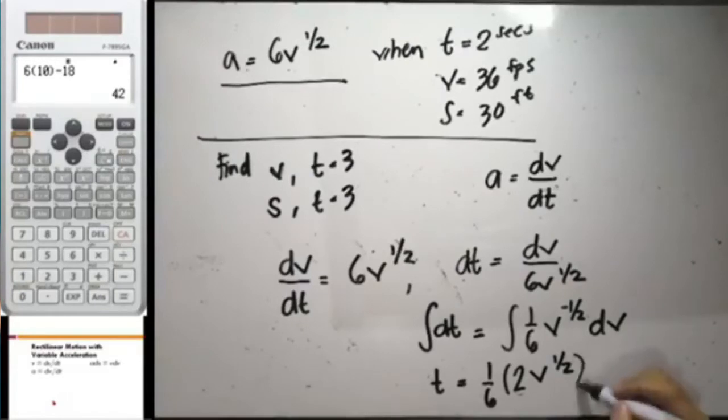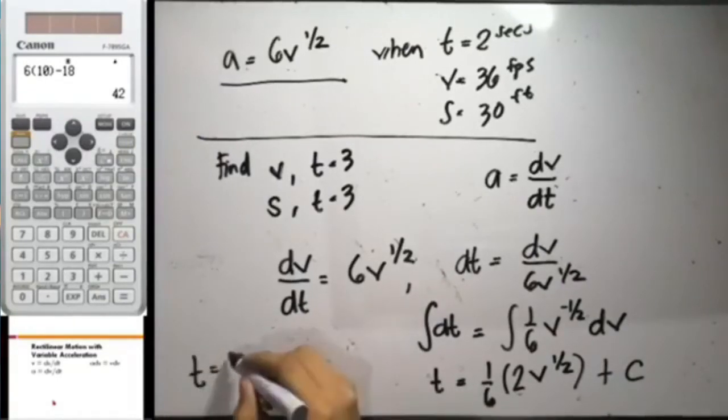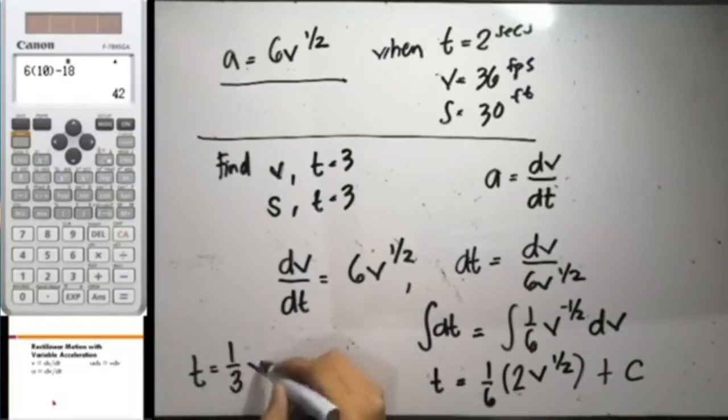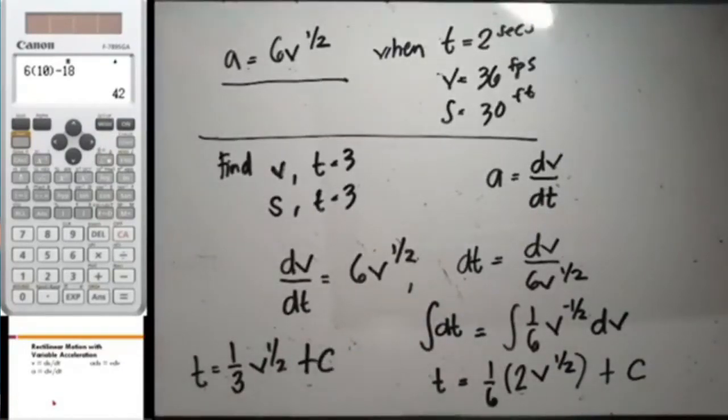Tapos, baka may nalilimutan ka, meron dyang plus c. So, ito na yung equation natin ngayon: t equals 1/3 v raised to 1 half plus c. Kung sir, merong plus c, magagamit ba yan? Oo, magagamit yan. Gamitin mo itong mga given na to.